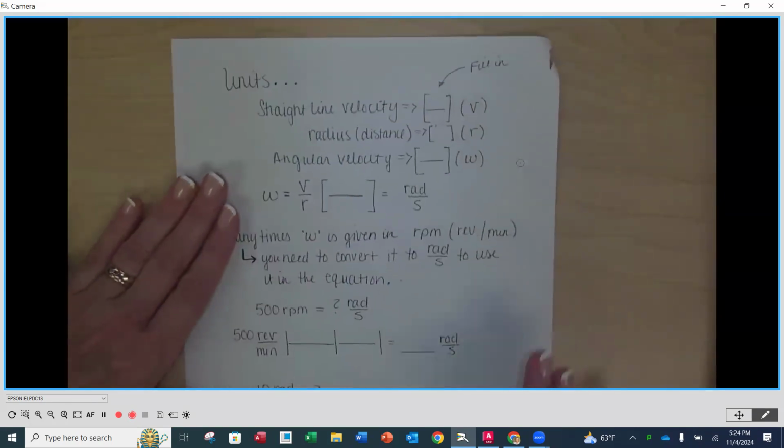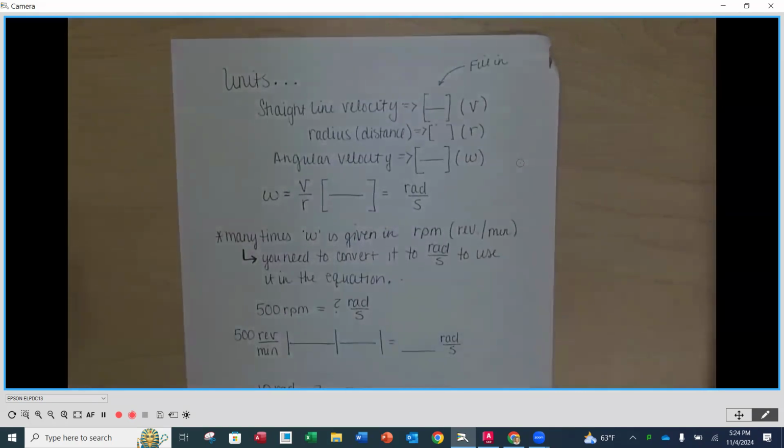Now on the next part of the page, the next page, we're going to be looking at units and converting. Now, units are huge, okay? If you had statics with me, we were big on units. You have to write out your units in every phase of the problem. And the reason we do that, and I hope you use this in other classes that you're taking, specifically like physics, this is like a perfect application.